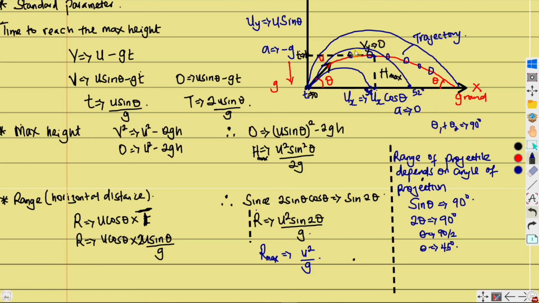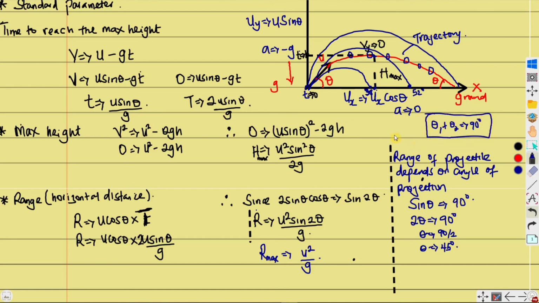So what am I trying to say from my mathematical relationship here? I am saying it is very possible for me to have different angles at which we can achieve maximum range. There are two possible angles at which the range of a projectile can be maximum, and that is because the two angles we are talking about must be complementary angles, which we can add together to give us 90 degrees.